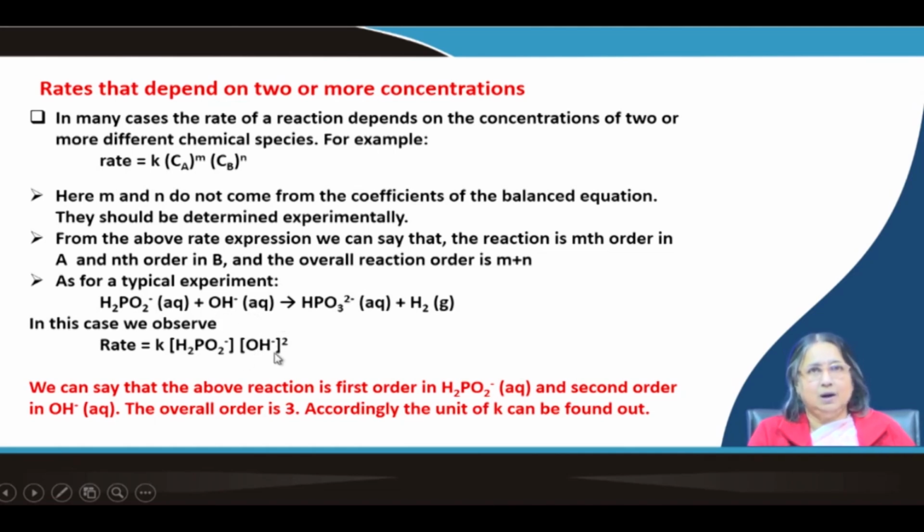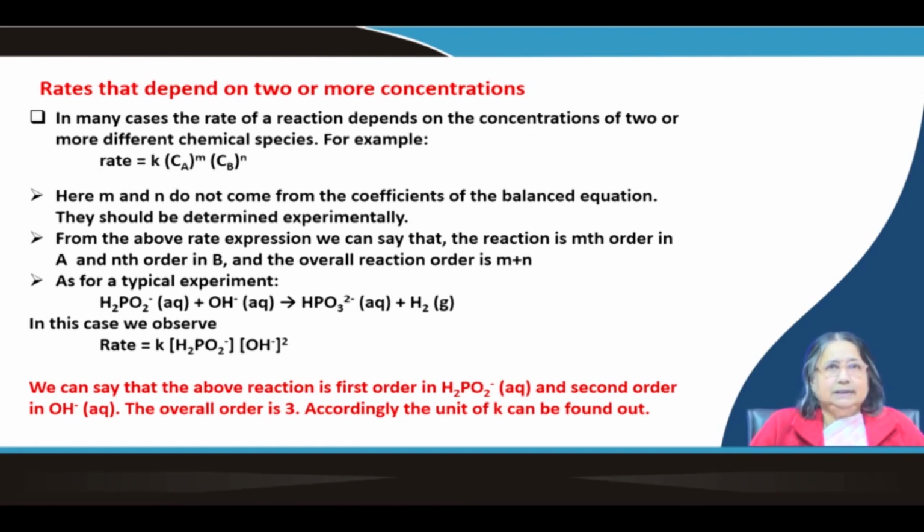From this we can say that the reaction is first order with respect to H2PO2 minus and second order with respect to OH minus. The overall reaction order is 2 plus 1, that is 3. Accordingly, the unit of k you can easily find out.